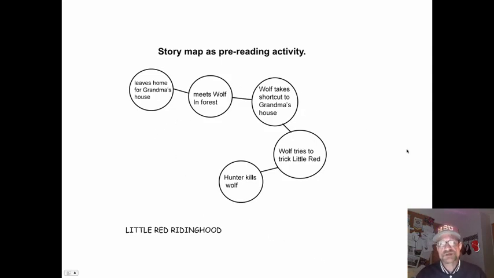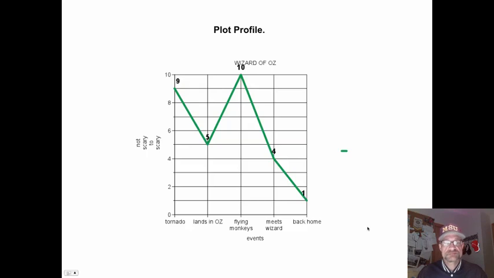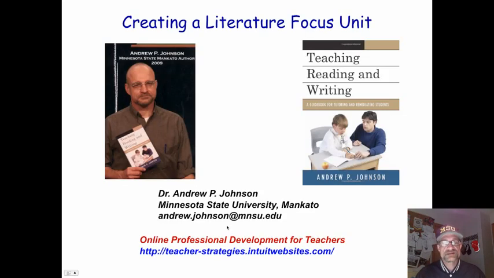This is something I might give a lower level reader before reading the chapter so they can see the structure. And the plot profile: things that happen in the story, you rate them from scary to not scary, from good to bad, fortunate to unfortunate. It doesn't matter what criteria that you use, simply that they are interacting with ideas in the story.